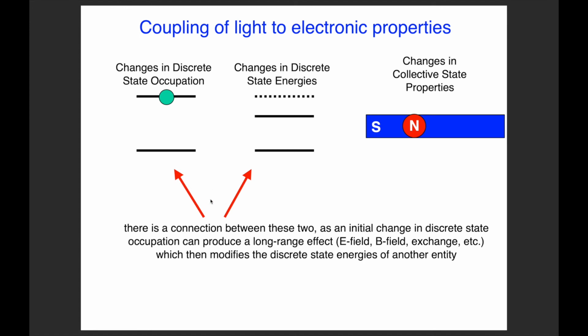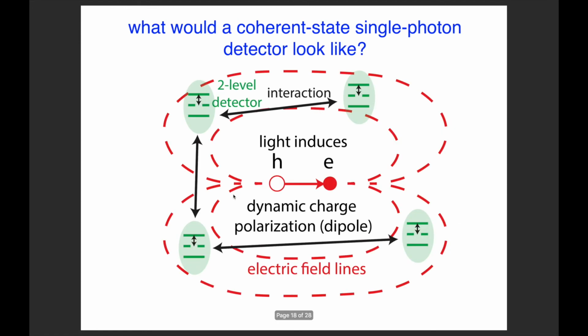Now, there's actually a connection between these first two, because an initial change in the discrete state occupation can produce a long-range effect through a field, say an electric field, magnetic field, whatever, which then modifies the discrete state energies of another entity. And that's in fact what we're going to look at.